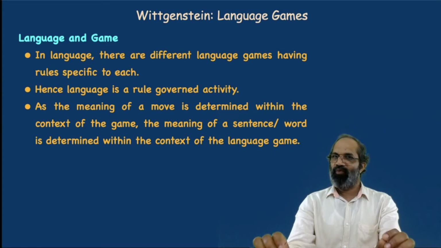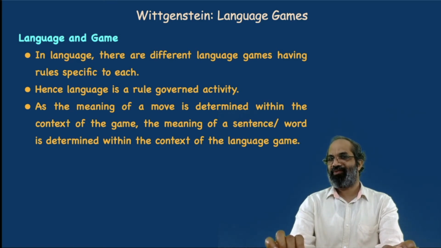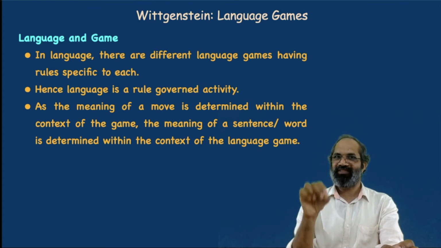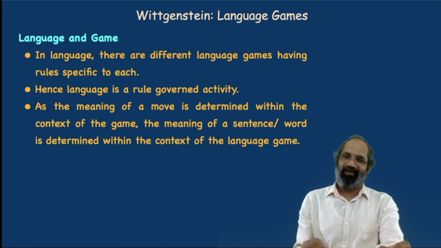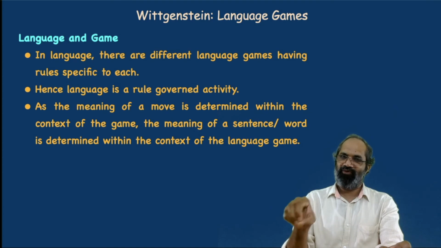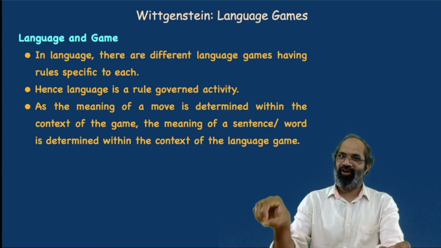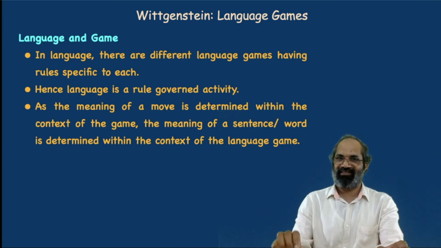The meaning of a move, say kicking a ball, whether it's a correct or right activity or a wrong activity, or what it means, depends on context. There is no specific meaning for the kicking of a ball. If a ball is kicked in a football court and in a volleyball court, it makes different sense.